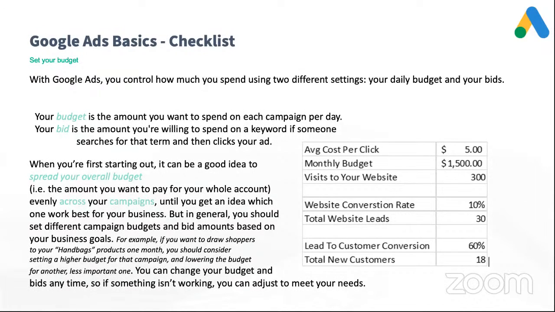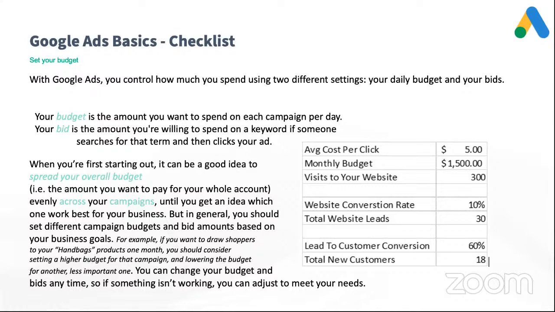You set your monthly budget aside, whatever that is, and then you want to measure how many people come to your website, and that is a goal rather than a measurement initially. In this case, we're hoping to get 300 people that come to our website and visit us at $5 a click, and hopefully 10% of those 300 people will actually buy something, so they'll convert.